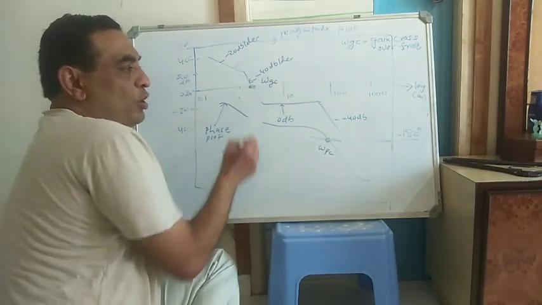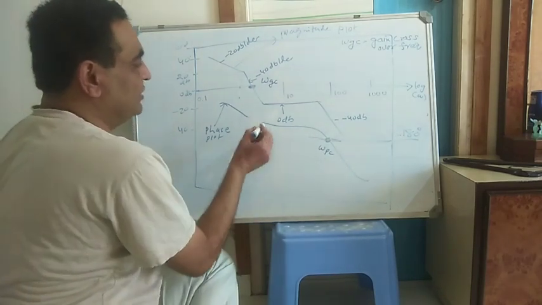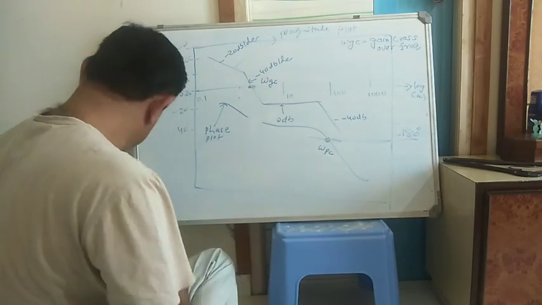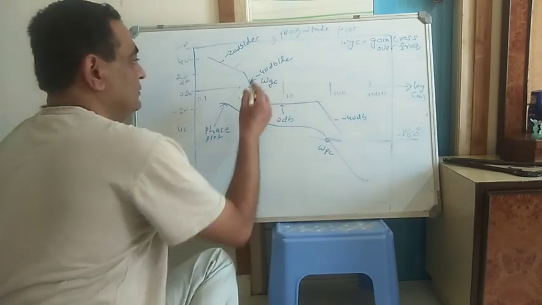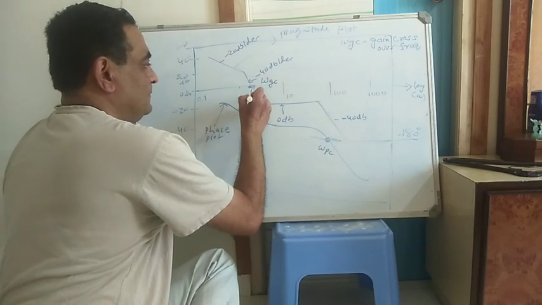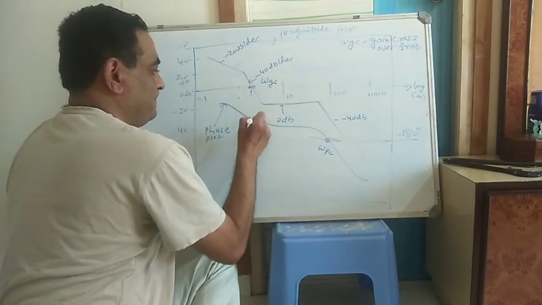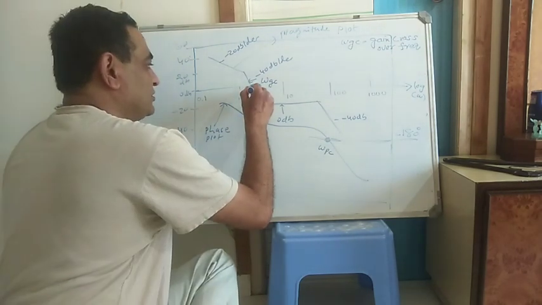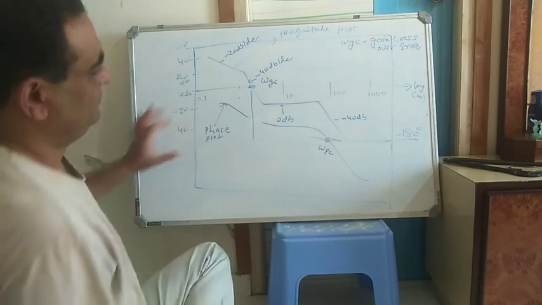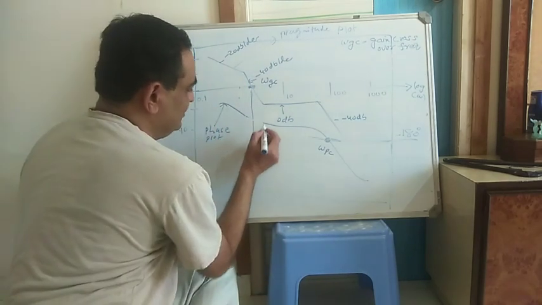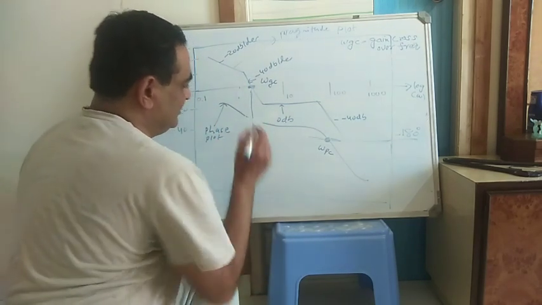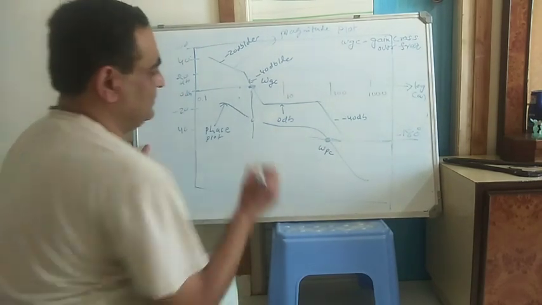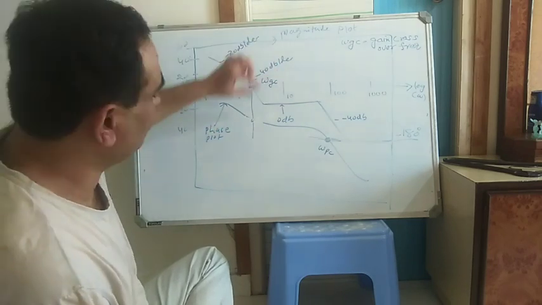Project omega GC on the phase plot. So this is the projection.